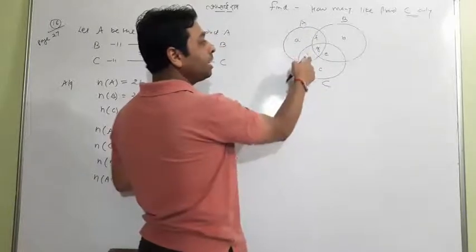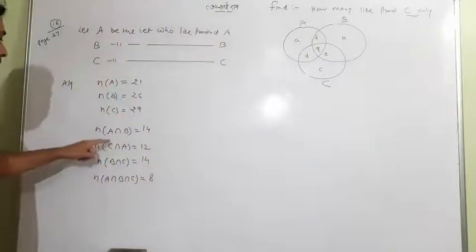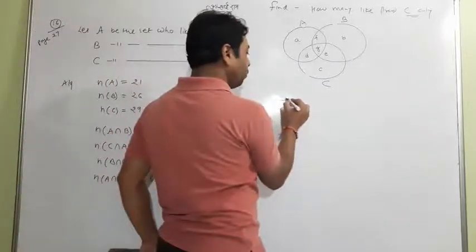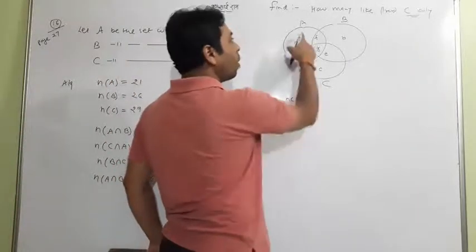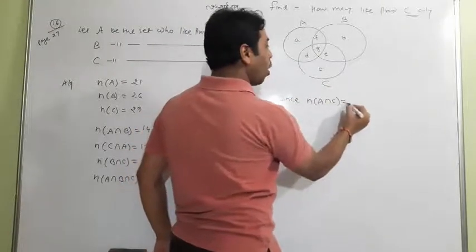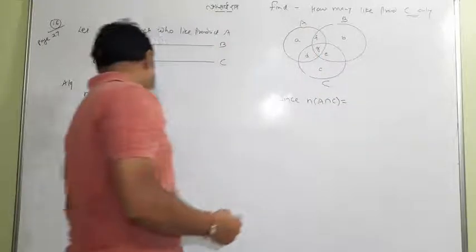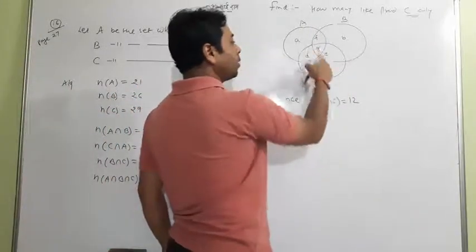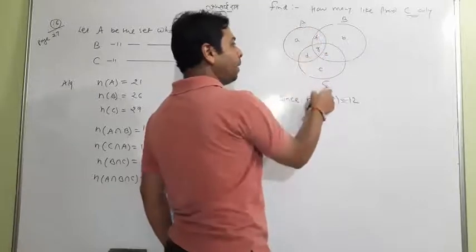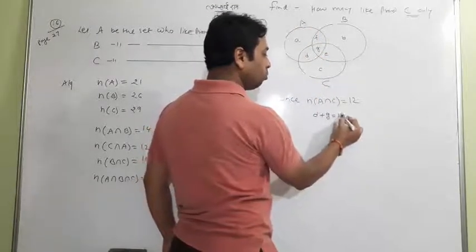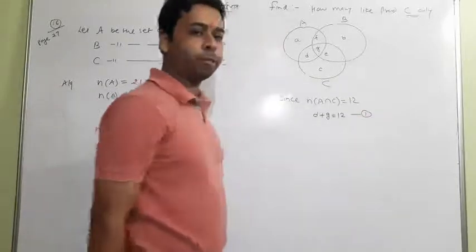That is D and G, and common in A and C we have 12. Look, I tell you very slowly. n of A intersection C is given as 12. As far as the picture is concerned, what is common in A and C? D and G. So I write D plus G is equal to 12. Hope this is very simple.